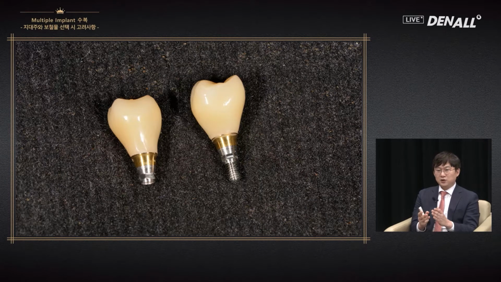If the implant depth is appropriate, the initial profile should not be as thick as this. Therefore, the selected stock abutment is 4.5 millimeters in diameter even for posterior region.